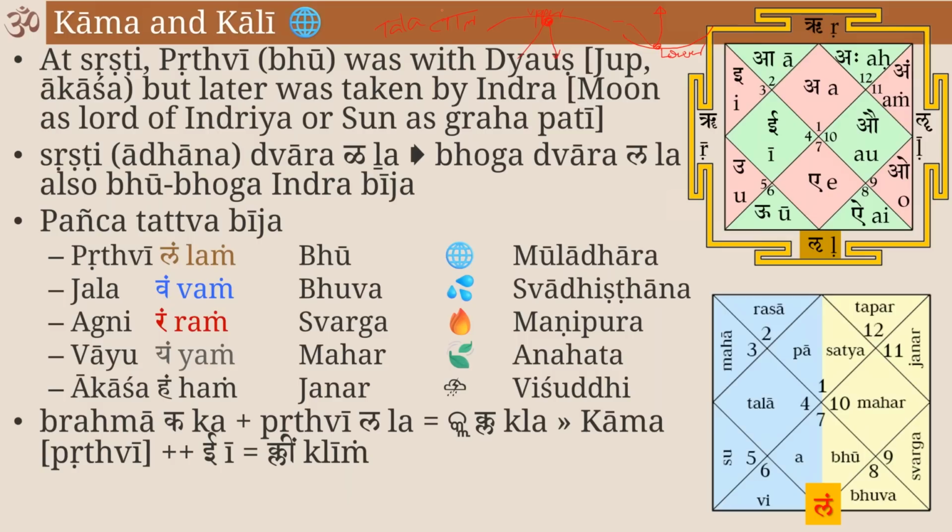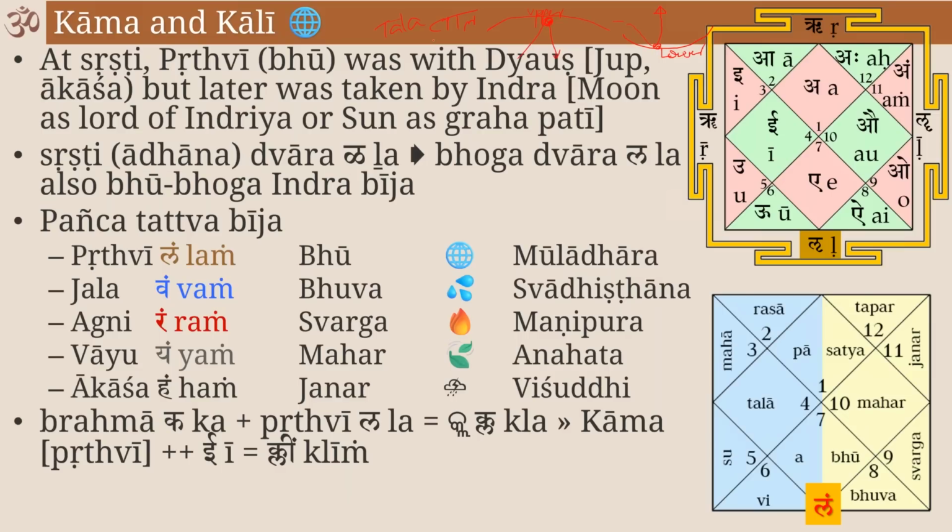Now, our mouth is very important because it is connected to the throat. And from the throat downwards to the Muladhara, we have five important chakras, which are called the Panchabhuta or Panchatattva chakras.